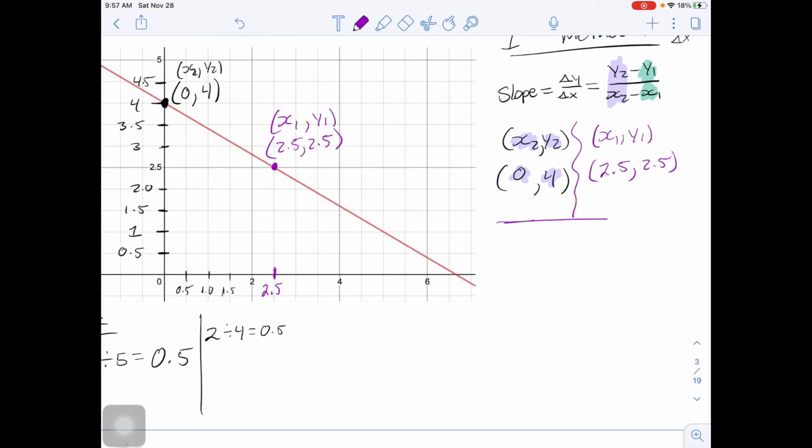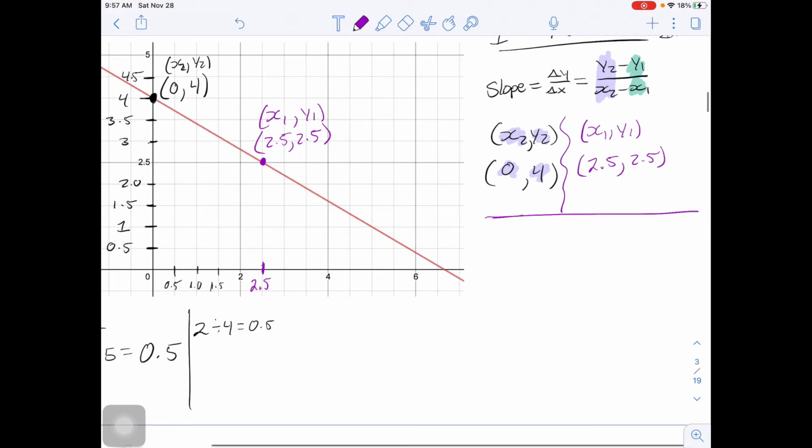Now we can just use our formula. So slope equals change in y over change in x, which is y2 minus y1 over x2 minus x1. And recognize that we have these values now. So simply, what is my y2?